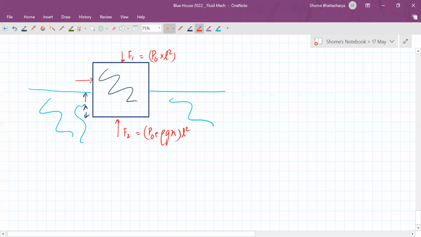Again, the side forces will cancel out. So the net upthrust or buoyant force on this object will again be this pressure difference into that area, which is equal to density of the fluid into volume of submerged part into g.